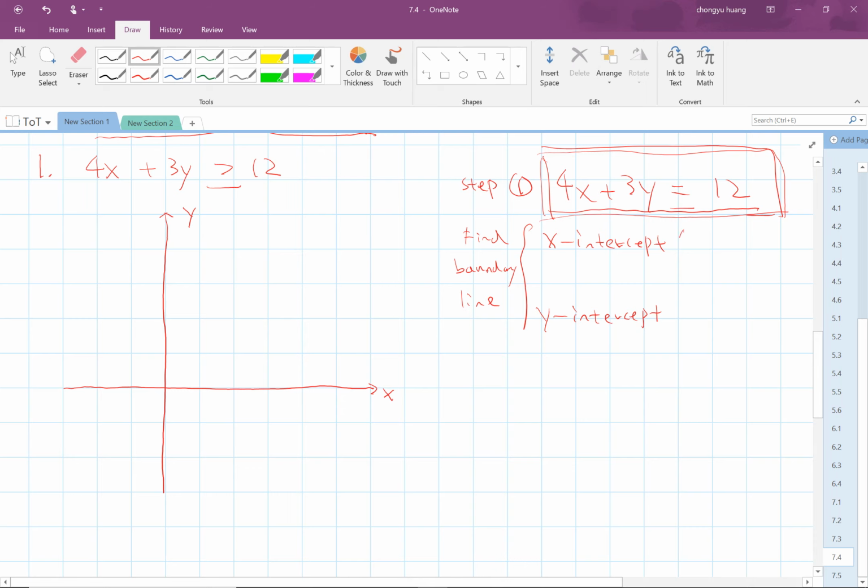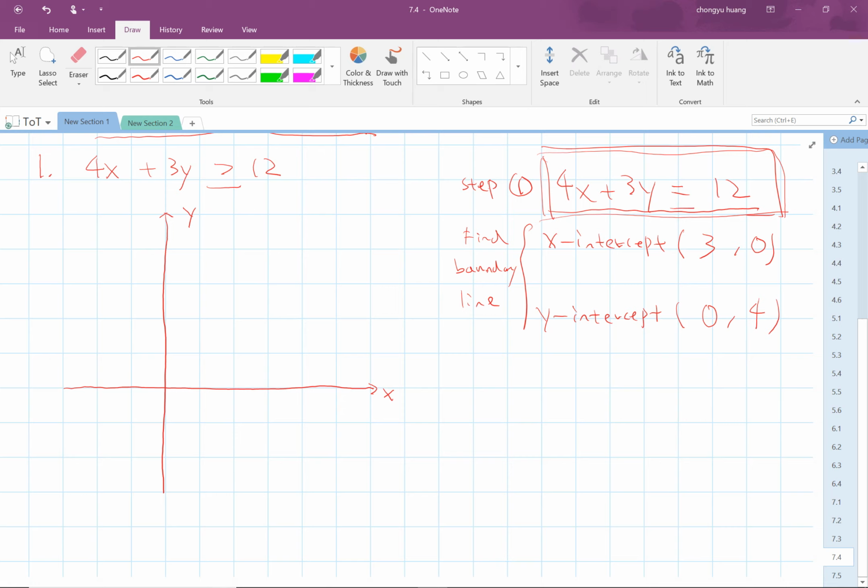So the x-intercept is 3, 0. The y-intercept is 0, 4. Again, x-intercept is 3, 0, and y-intercept is 0, 4.